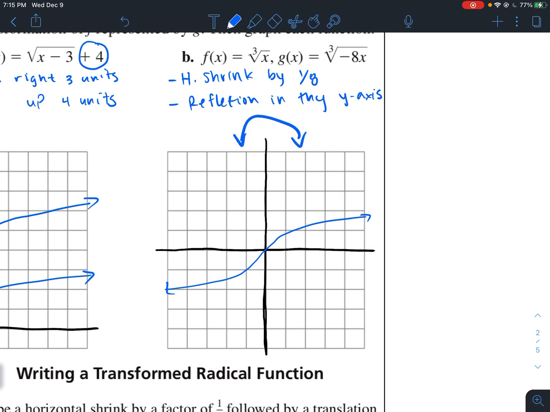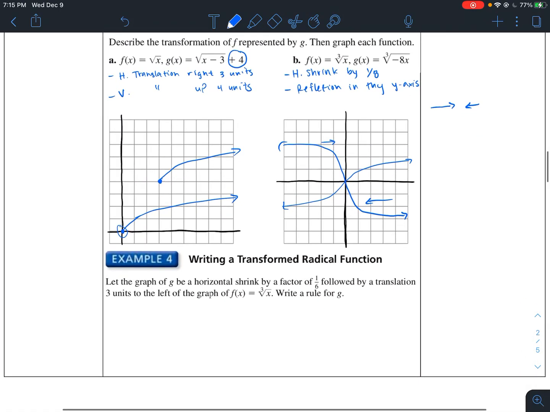So that's one, but then it's also going to be a horizontal shrink, so horizontally it's going to be squished. So that should look something more like this right here. You see that a lot of the values on the graph are closer to the y-axis. So again, it's like it's compressing into the y-axis.